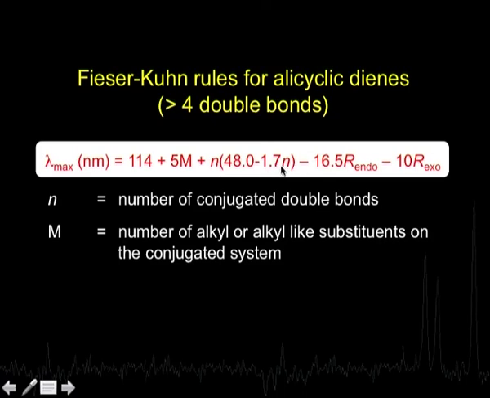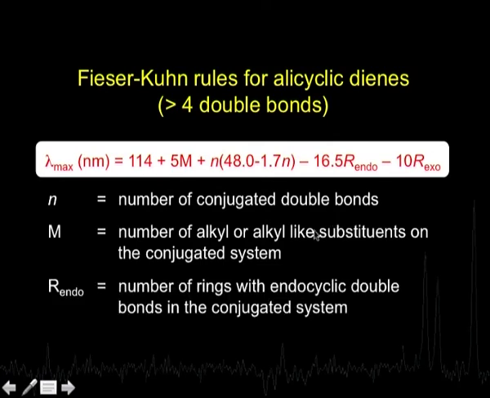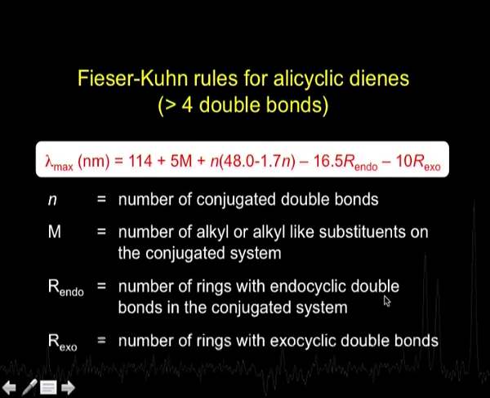Now, this n happens to be the number of conjugate double bonds. That means all double bonds put together, the basic chromophore as well as the conjugate system. And then R endo happens to be the number of rings with endocyclic double bonds in the conjugate system, and R exo happens to be the number of rings with exocyclic double bonds.